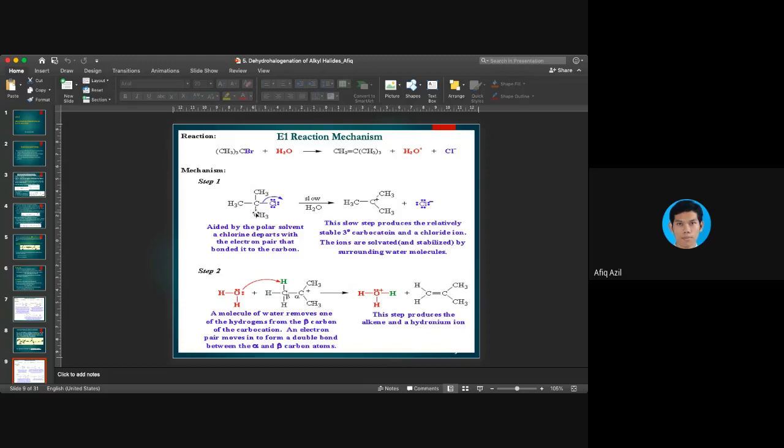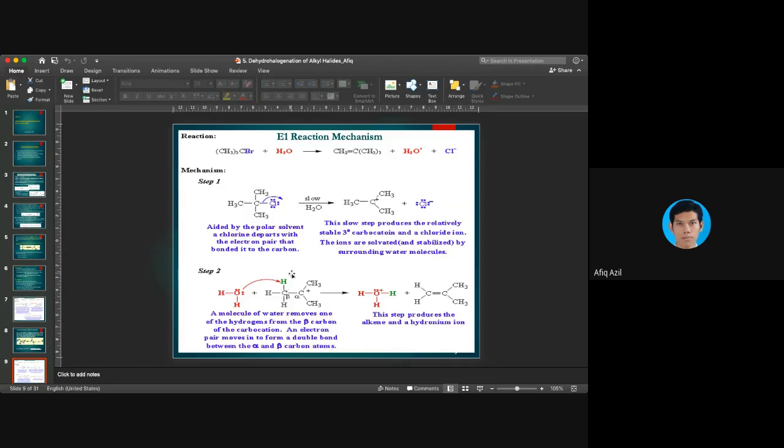So a tertiary alkyl halide will prefer to proceed via E1 or SN1 because it gets to form the stable tertiary carbocation first. So once the halogen has been removed or eliminated, then only your nucleophile or the base can come in and attack the beta hydrogen.